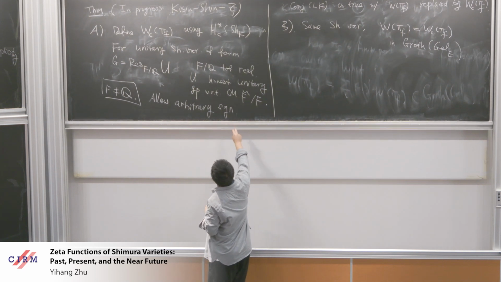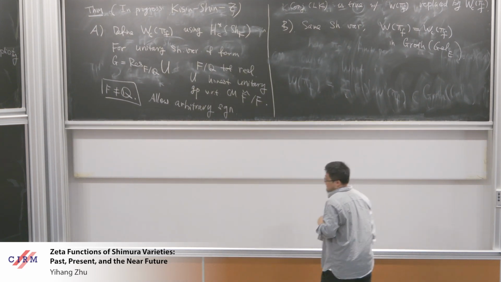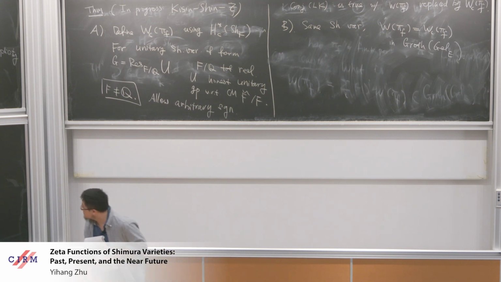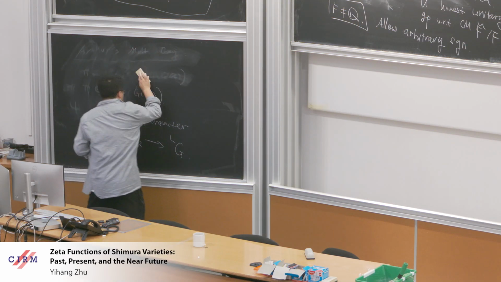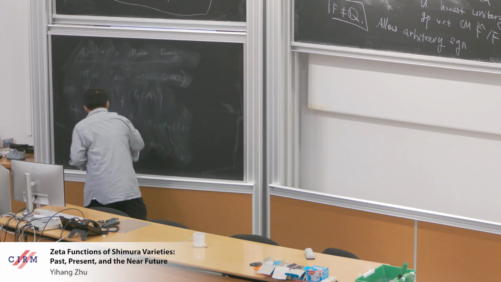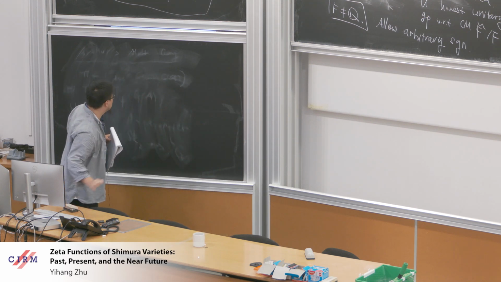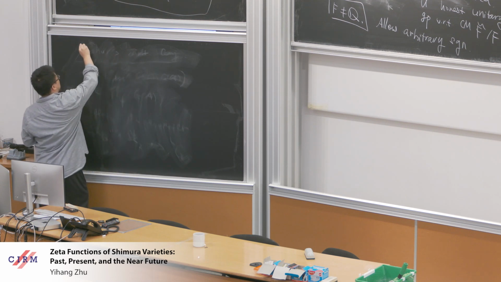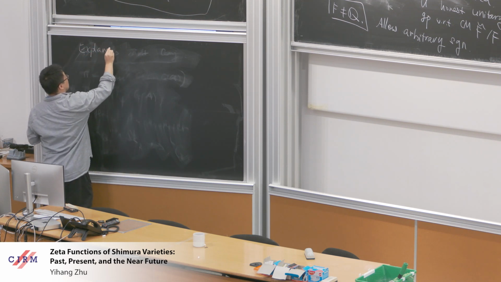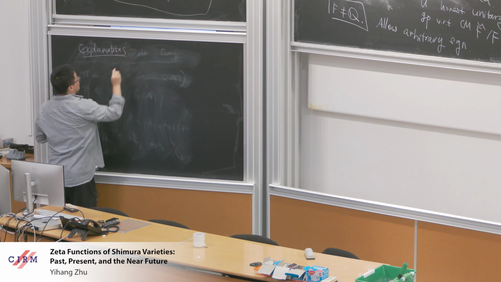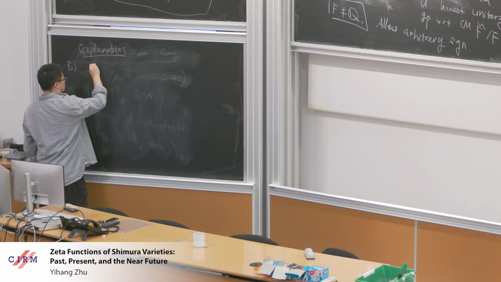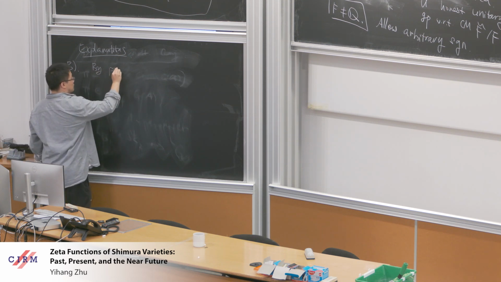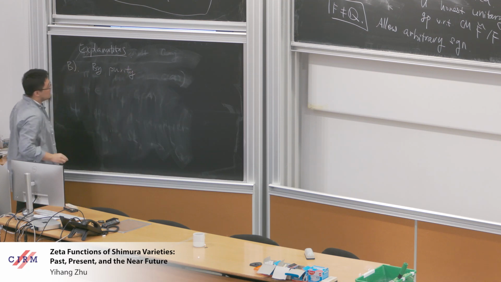Okay, so I want to leave this main result, and now I'm going to make a bunch of explanations. So firstly about part B. Note that by purity, we know that the intersection cohomology has purity.